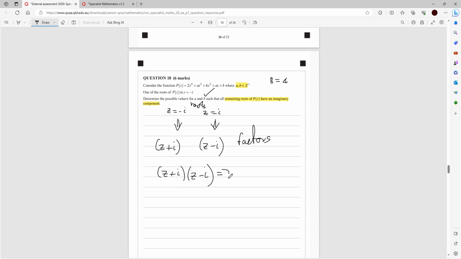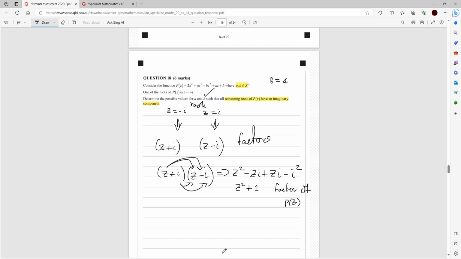So if I were to multiply these together, I'm going to get z squared minus zi plus zi minus i squared, so z squared plus 1 is a factor of P of z still, because I just multiplied two factors.